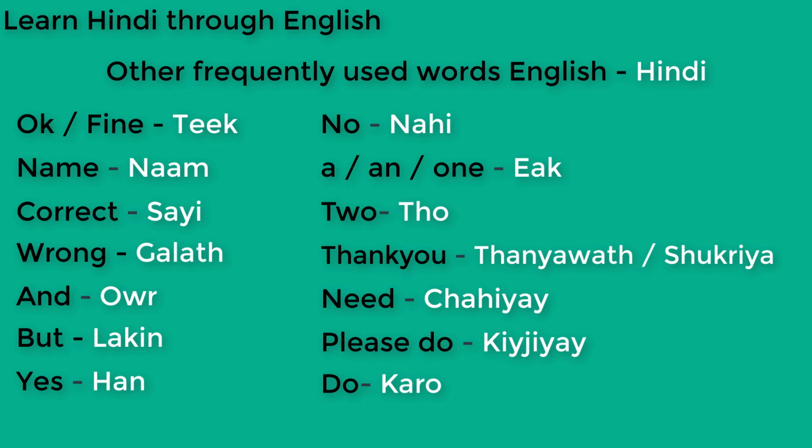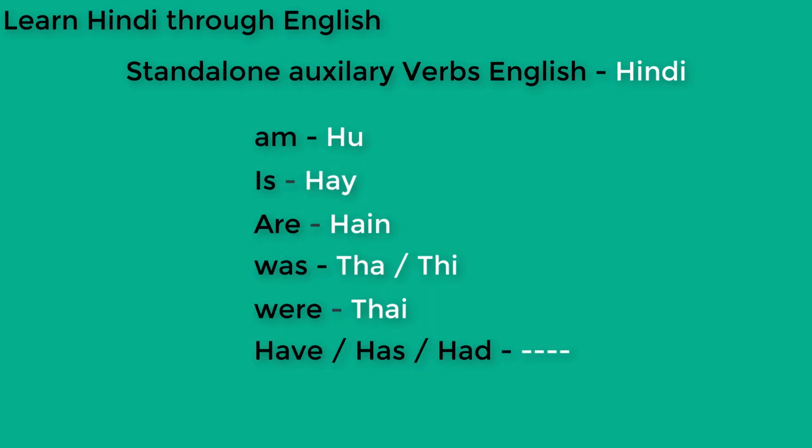Now we have a small bunch of frequently used words, but we need verbs to frame our sentences. For day 1, we are not going to take all the verbs, but we are going to take all the standalone auxiliary verbs.